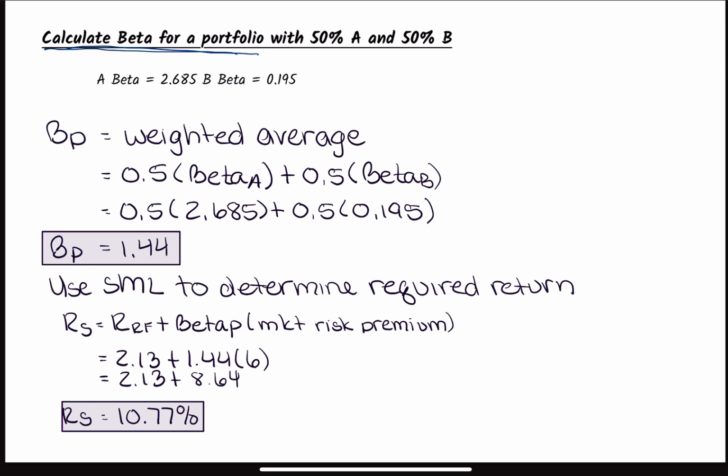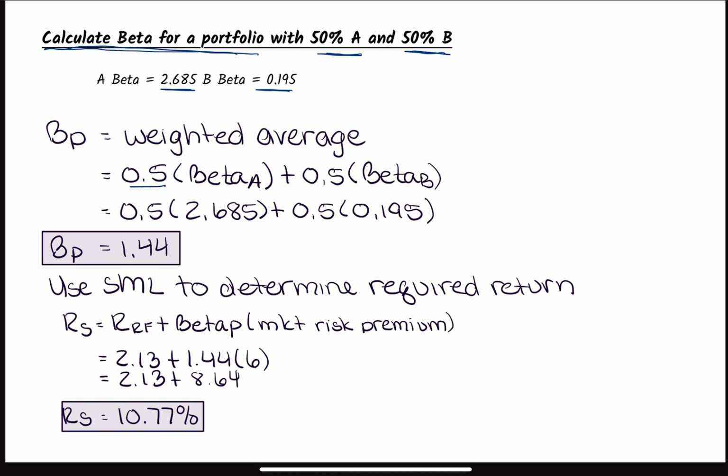So in this case, this portfolio has 50% of A and 50% of B. Okay, and stock A has a beta of 2.685. Stock B has a beta of 0.195. So to calculate the beta of the portfolio, we're going to multiply each stock's beta by the weight of the stock in that portfolio.